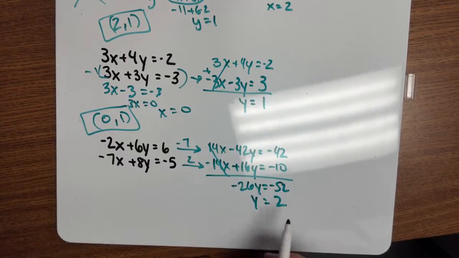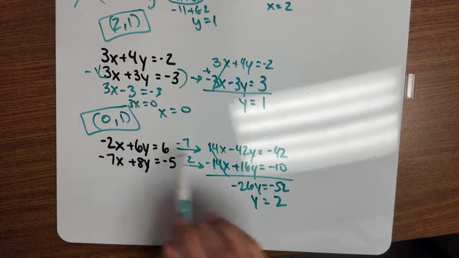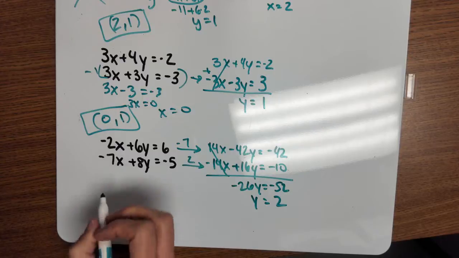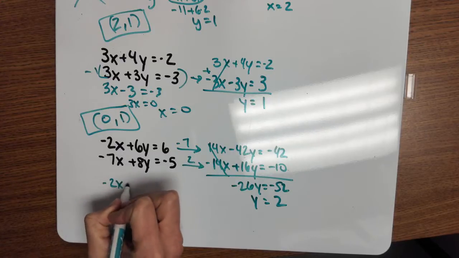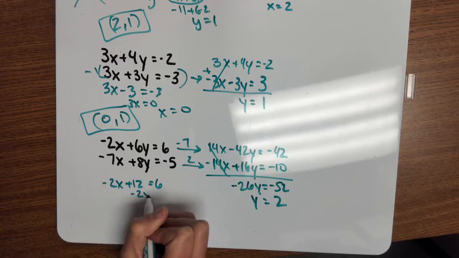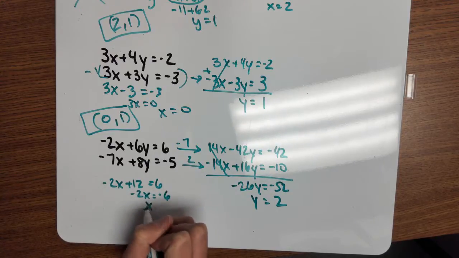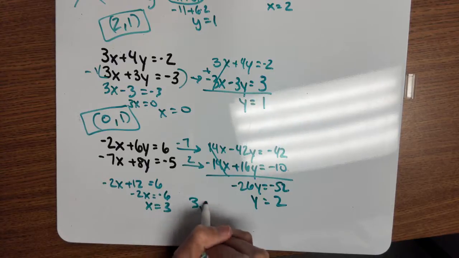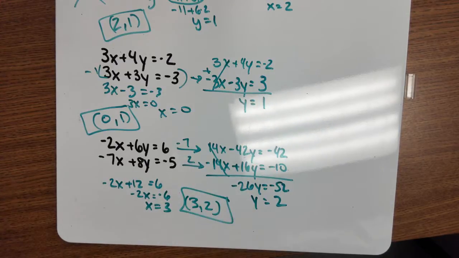Y is 2. Then plug it in. It does not matter which one of these four equations we plug it into. I always go back to the original just because they're smaller numbers. So negative 2x plus 12 is 6. Subtract 12, we get negative 2x is negative 6. Tells me x is 3. Remember, as an ordered pair, (3, 2) is the solution to this system.